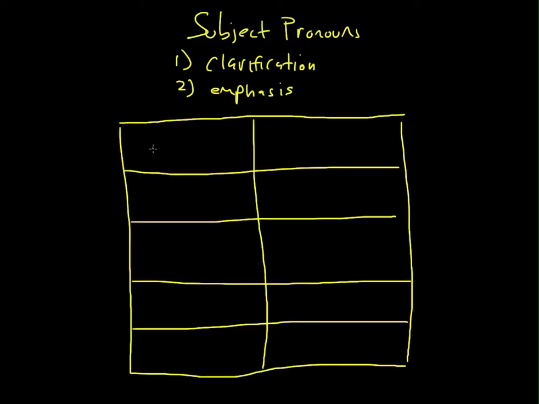So we'll begin with the first column, and our first subject pronoun is yo. The second subject pronoun is tú. And in this third box, we have three different subject pronouns. We have él, ella, usted.